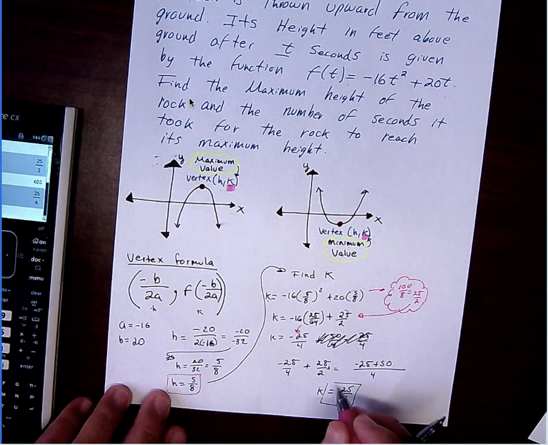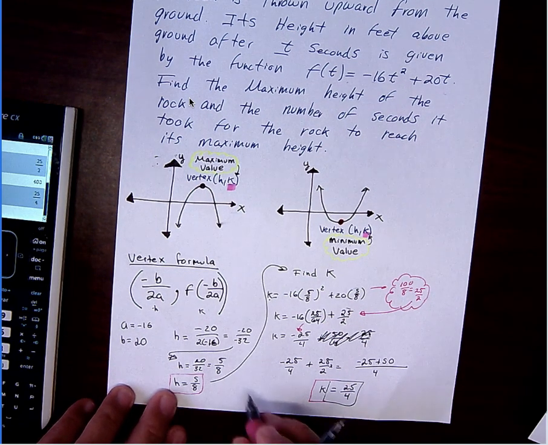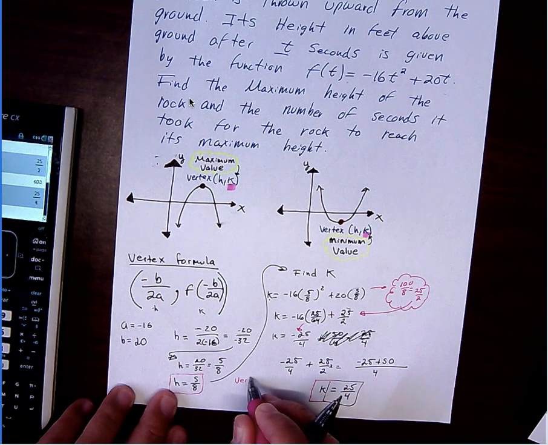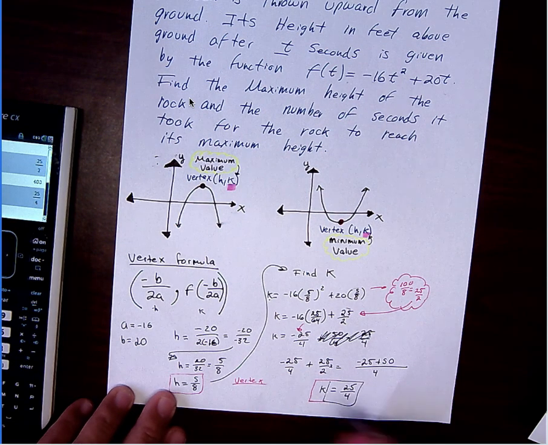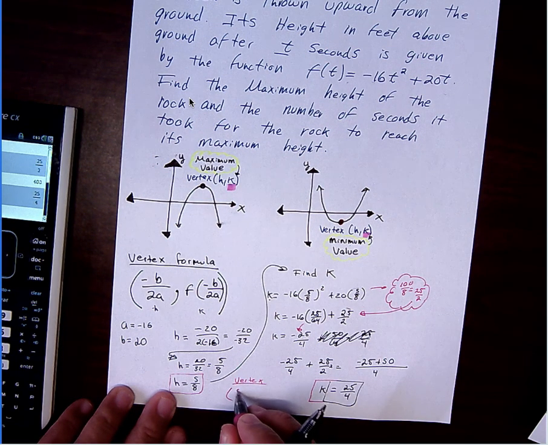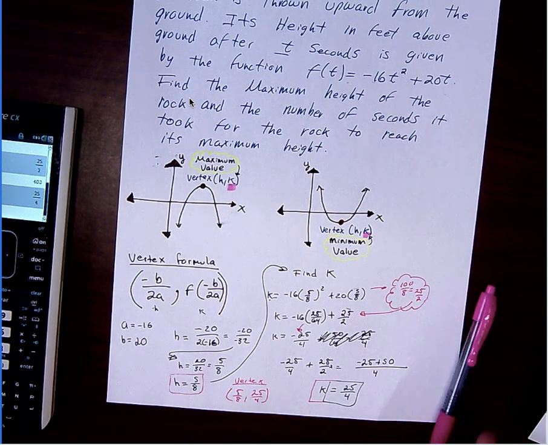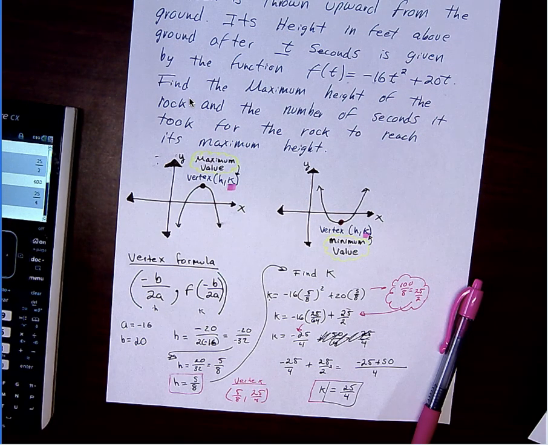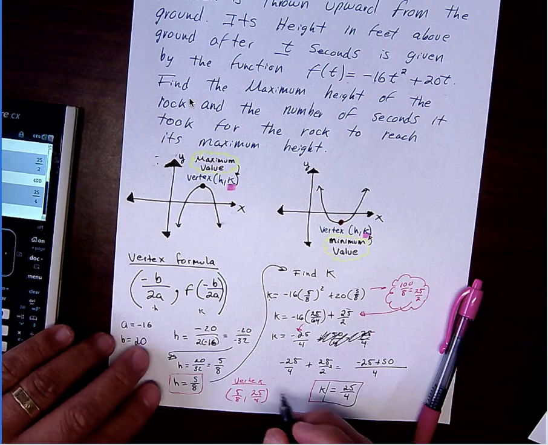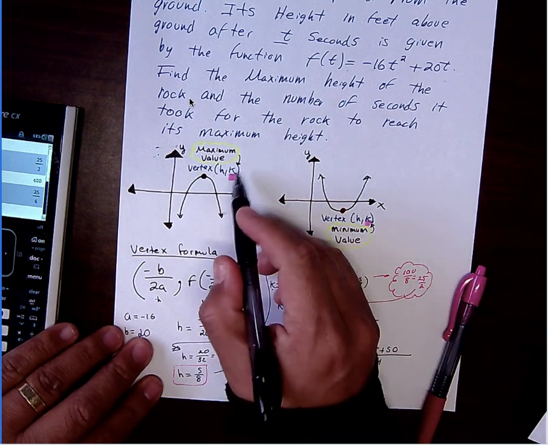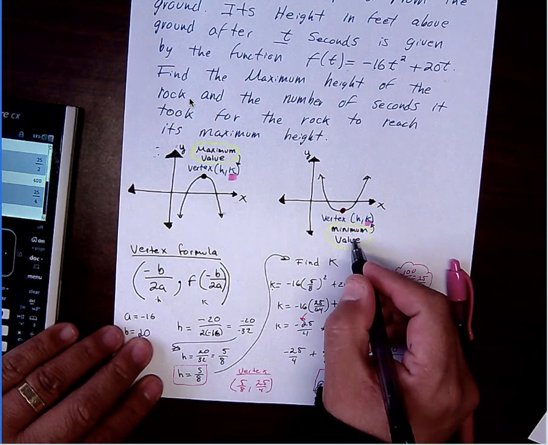H and K here, so the vertex will tell us the whole story. So it's 5/8 over 25/4. What does it mean? It means it has a maximum height. Remember, the K is the maximum or the minimum value.